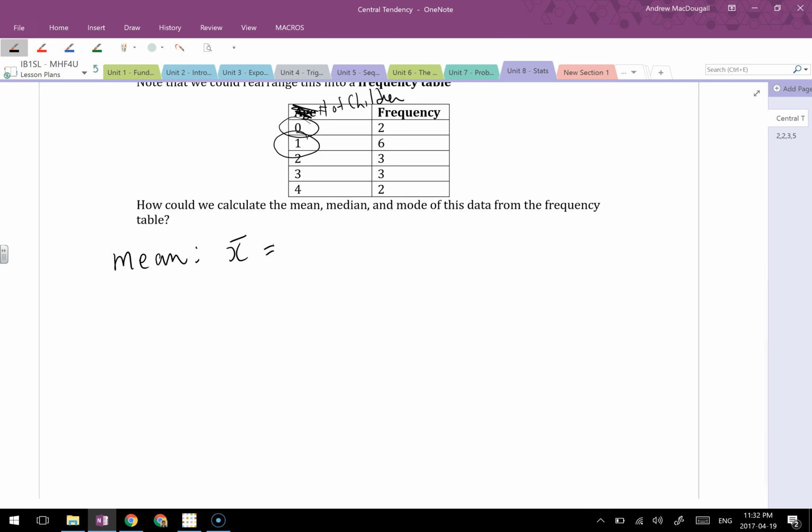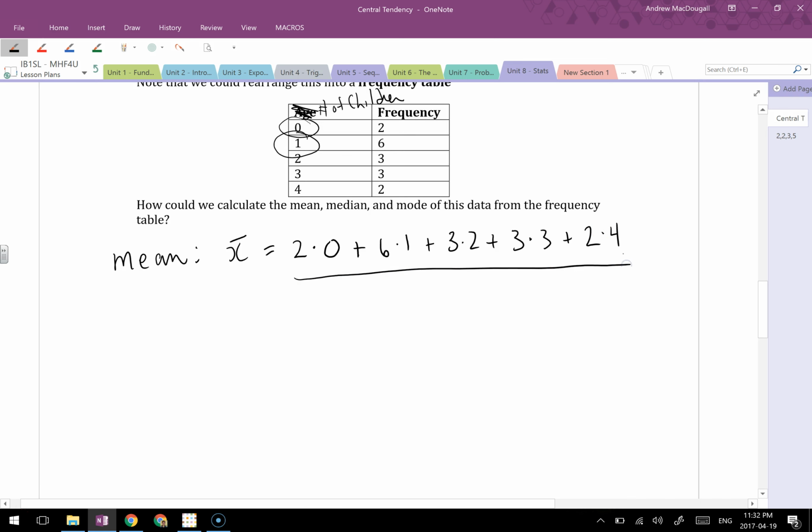Okay, so I have 2 entries of 0, so 2 times 0 plus 6 entries of 1 plus 3 entries of 2 plus 3 entries of 3 plus 2 entries of 4. Now what's the total number? Well, I can add up the frequencies. 2 plus 6 is 8, plus 3 is 11, plus 3 is 14, plus 2 is 16.